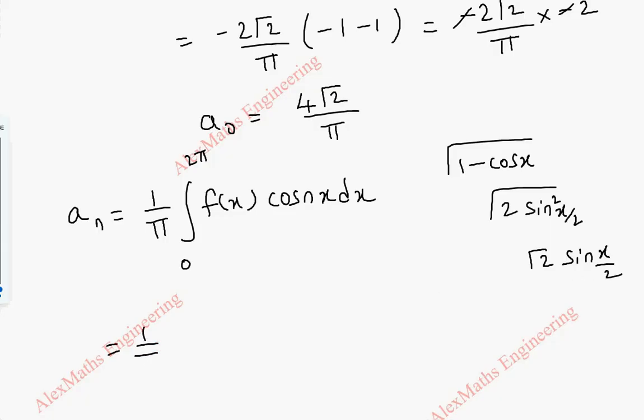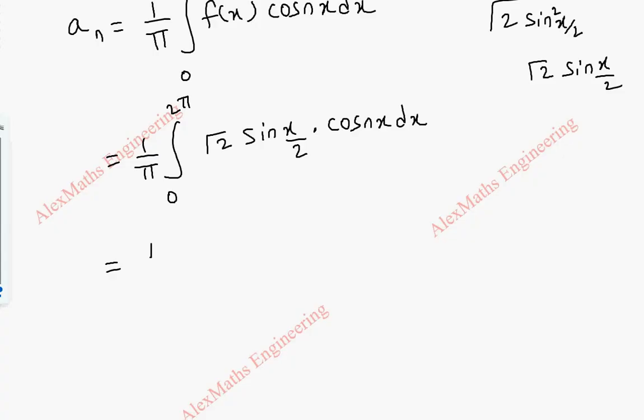So this is 1 by pi integral 0 to 2 pi root 2 sin x by 2 into cos nx dx. So here we take root 2 common, that is outside the integral. So root 2 by pi integral 0 to 2 pi. Let's have cos nx first, then into sin x by 2 dx.